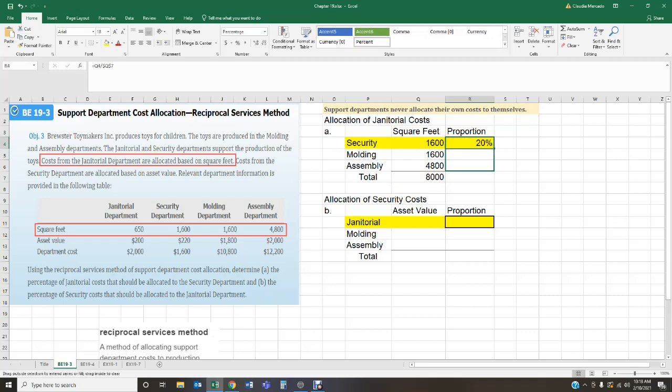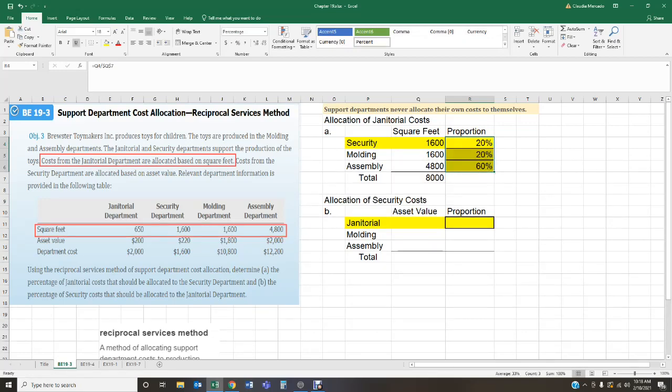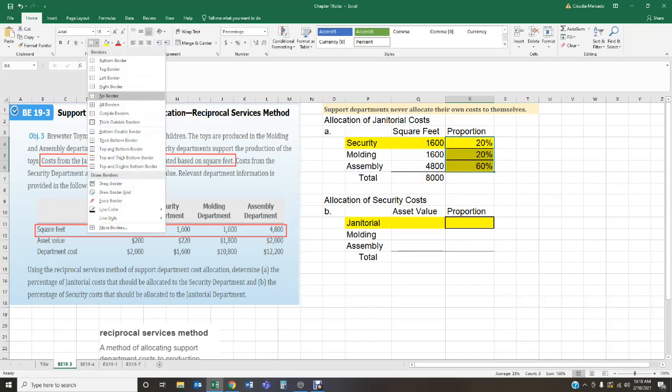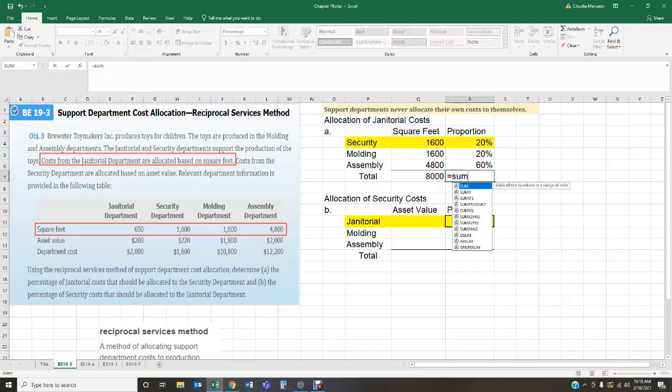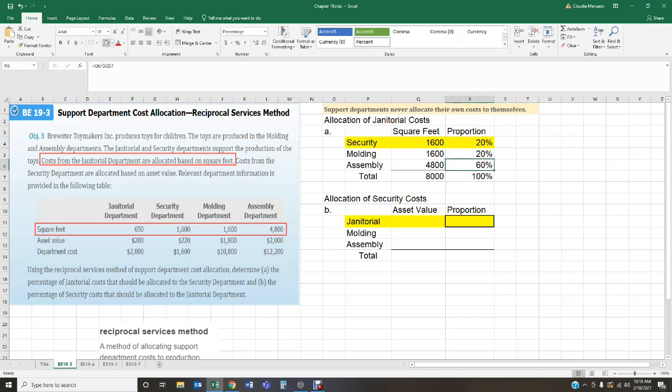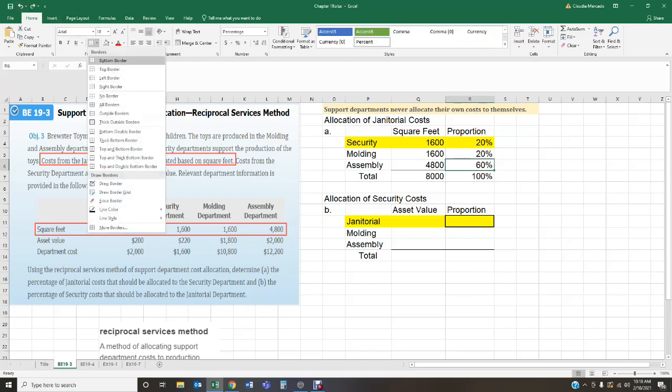Okay, so once I do that, I can drag my formula down. And then I can get my totals. Now I don't want these, no fill. I can then get my total down here. That should give us 100%. Yes, it does. Okay, let me just put an underline here, right here, bottom border.